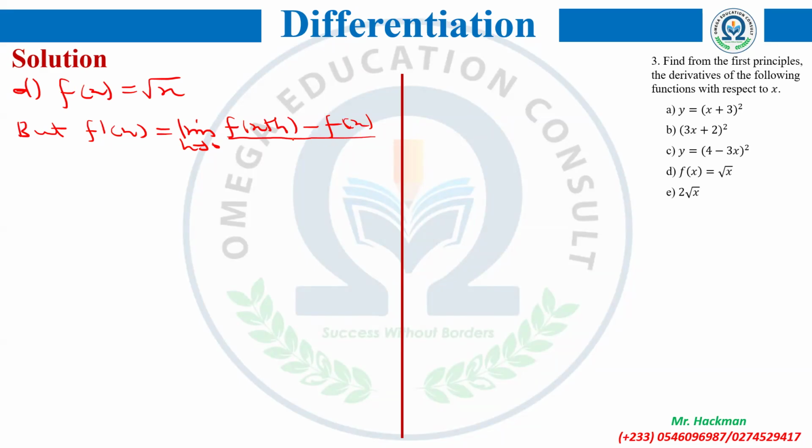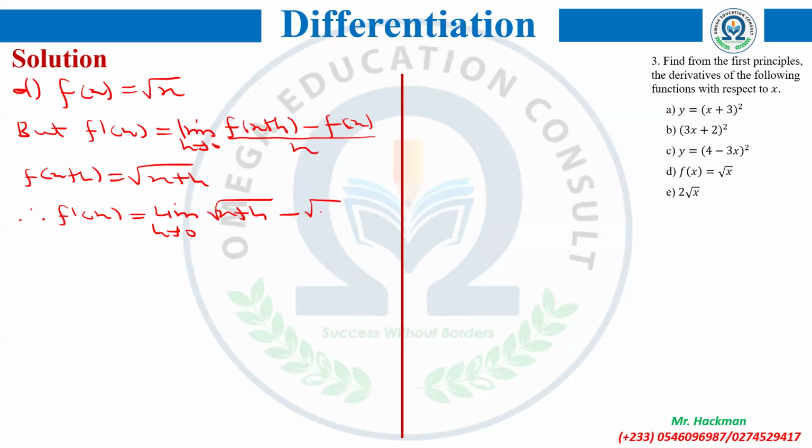My f prime of x will be equal to the limit as h approaches 0 of f of x plus h minus f of x, all over h. By now, you've quoted the formula a lot that it should stick. So now you need f of x plus h. f of x plus h will be equal to root of x plus h. Therefore, f prime of x will be equal to the limit as h approaches 0 of root of x plus h minus root of x, all over h.